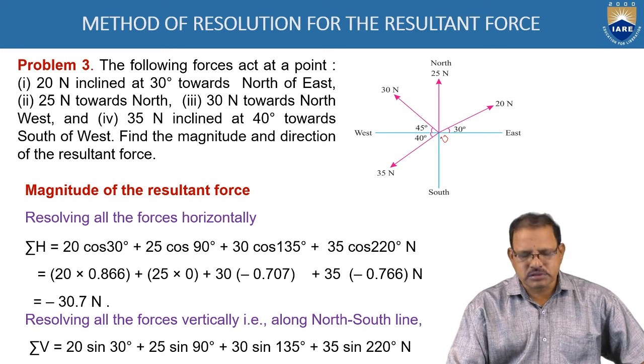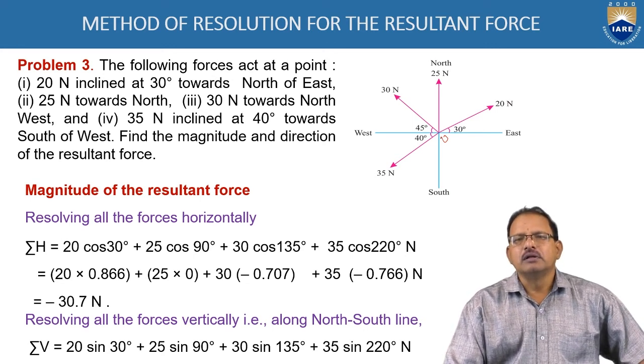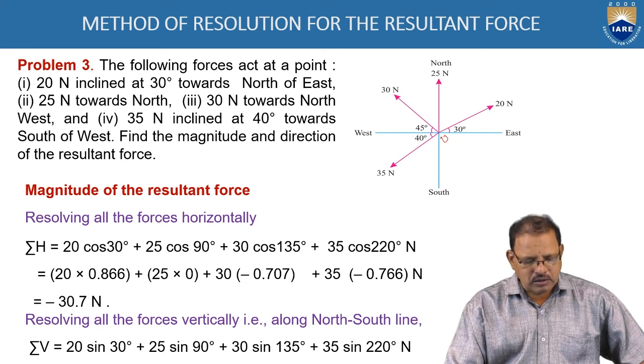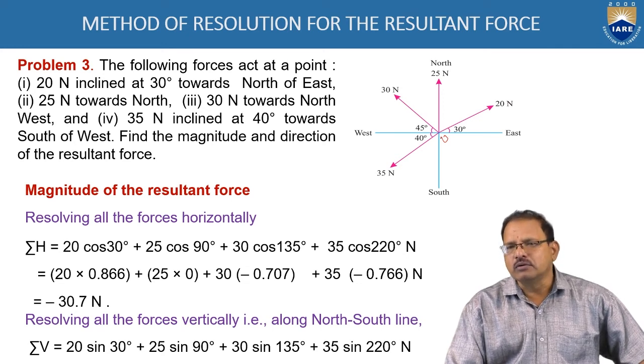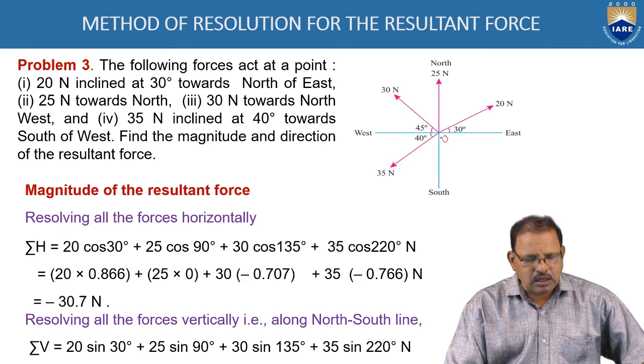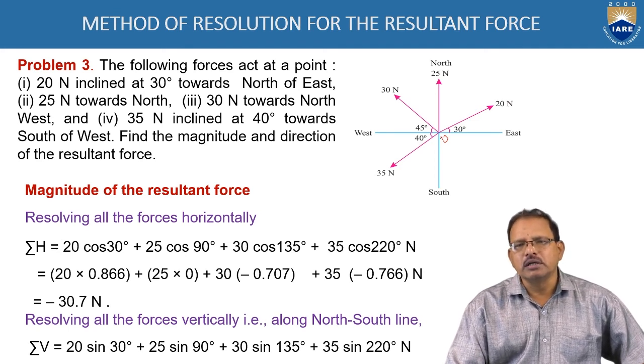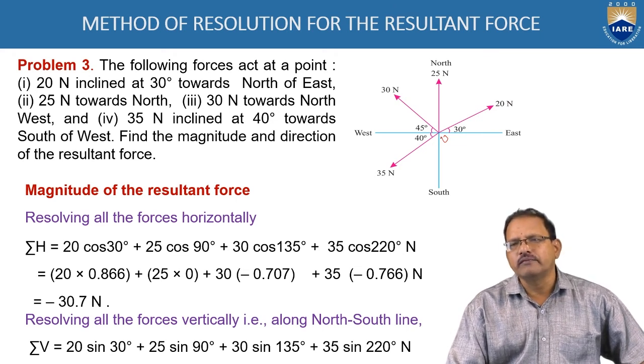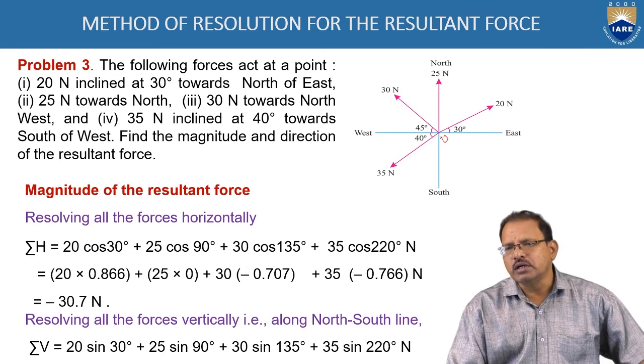Similarly, resolve the forces vertically. The sum of the vertical components should be equal to the vertical component of the resultant force. Here sigma v is equal to 20 into sin 30 plus 25 into sin 90 plus 30 into sin 135 plus 35 into sin 220 degrees.